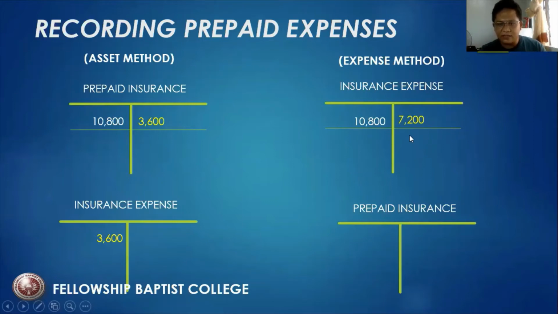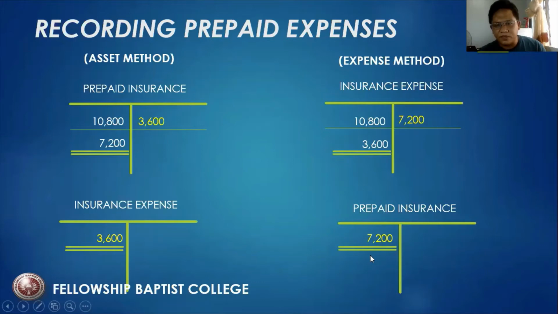We have to deduct the unexpired portion from insurance expense and record it under an asset account. So at the end of the year, as you can see, prepaid insurance under the asset method is 7,200 and insurance expense is 3,600. Under the expense method, insurance expense is 3,600 and prepaid insurance is 7,200. In short, whether you use the asset method or the expense method, this prepaid insurance account will still be 7,200.